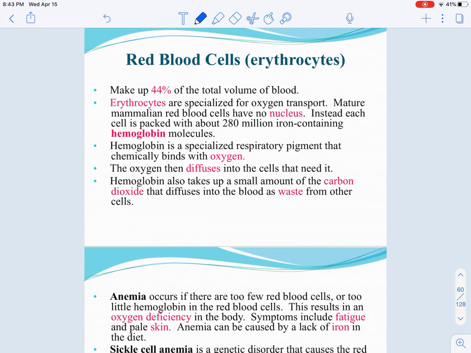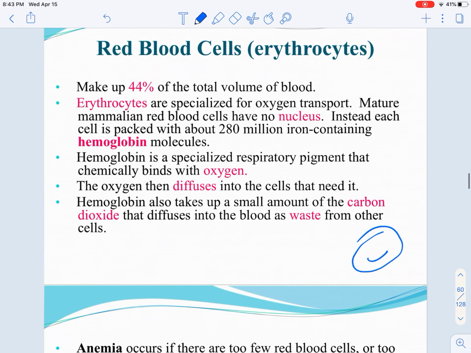Now, red blood cells are those interesting cells that have no nucleus. They kind of look like this, and that is showing you that there's a dip in it, so it's kind of thin in the center, but it's not a donut hole. There's not a hole in the center. It's just a dip in the center.